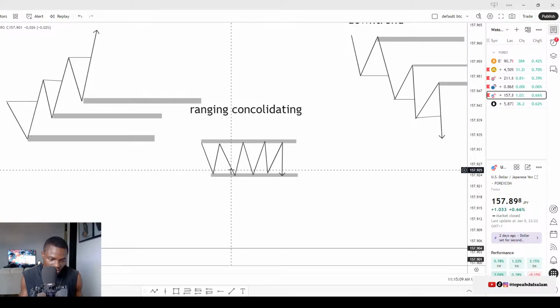Yeah, so that's the range of the price. It's not going above this and it's not going below this. So that's the range of the price.